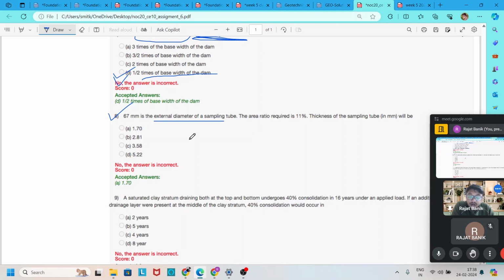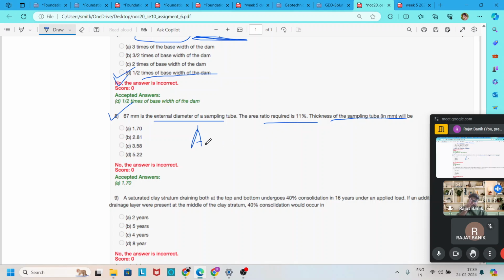It is said that 67 mm is the external diameter of the sampling tube, and the area ratio is given as 11%. So we have to find out the thickness of the sampling tube. For this, we first find out the internal diameter of the sampling tube.